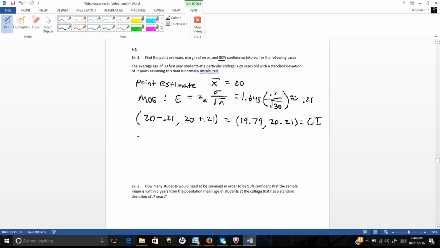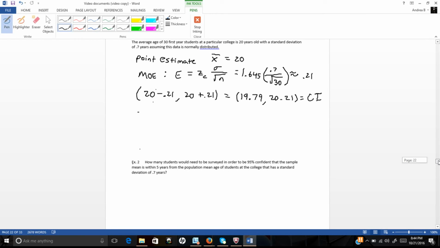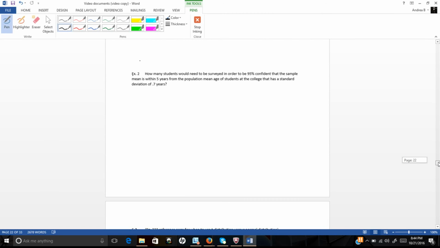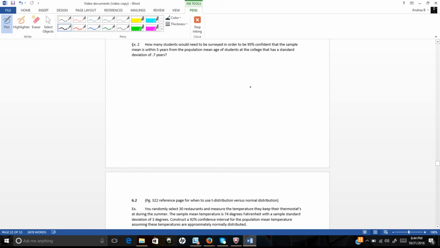I'll put CI for confidence interval to remind you. And that gives us the interval of values that we would expect our population mean to fall between in about 90% of our samples. So not in all of them, but in about 90% of them. Depending on the confidence level, of course, depends on what your interval is going to be, how wide it's going to be.